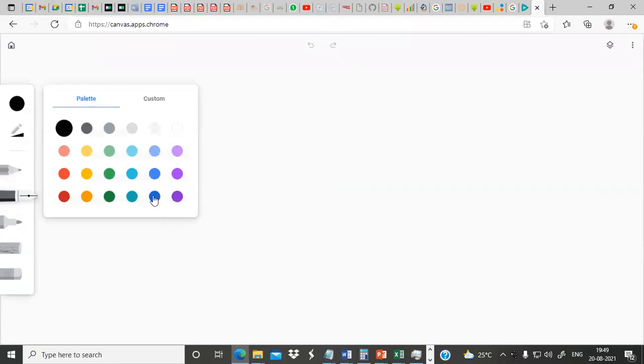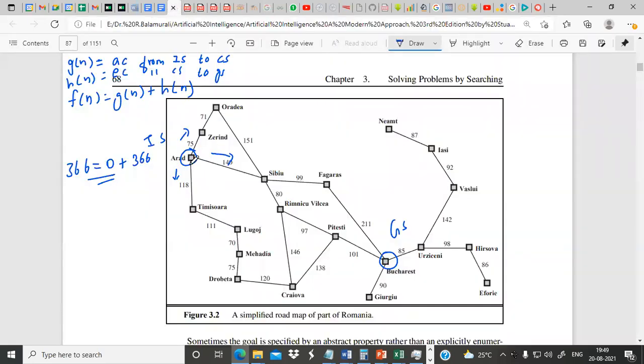Okay, so initially we are in Arad. At this time, what is our f of n? It is 366. How did we get this 366? It is 0 plus 366, because g of n is 0 and h of n is 366. From Arad, where can we move?